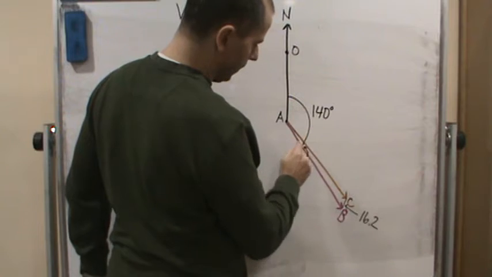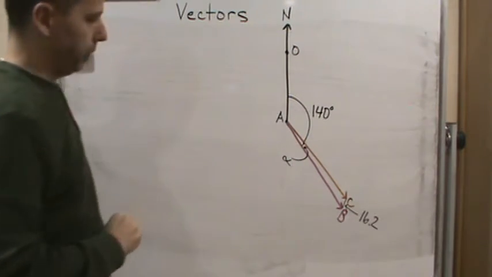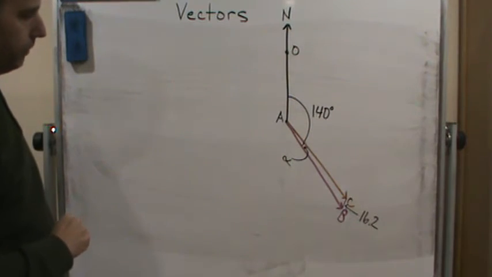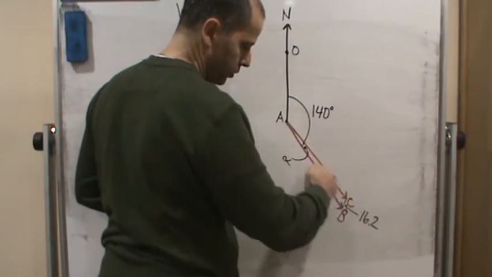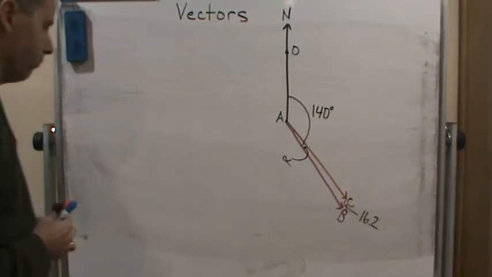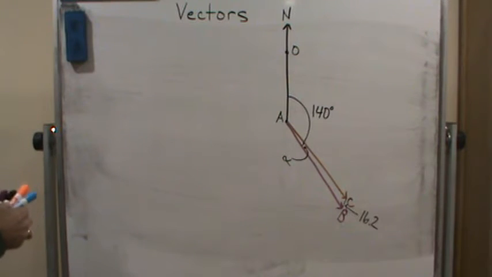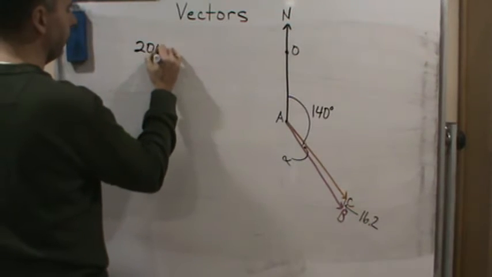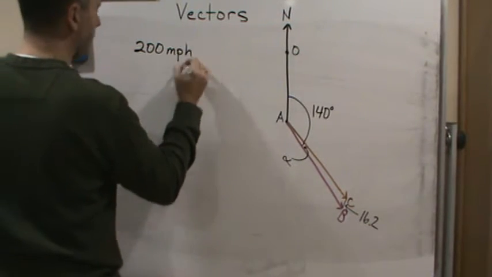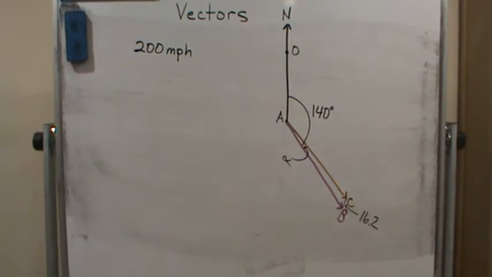At 140 degrees of north. So it's got a bearing of going along this orange line here. And it's going at 200 miles per hour. That's the speed. So 200 miles per hour.